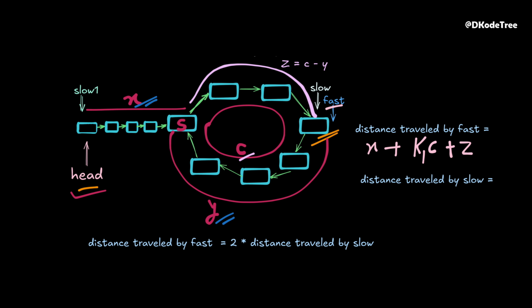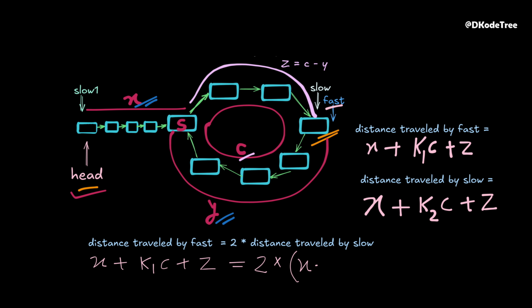Similarly, the distance traveled by the slow pointer is x plus some other constant, say k2 amount of times around the cycle, plus z to reach the intersection point. So now let's put these values in our equation. So this becomes x plus k1 into c plus z is actually 2 into (x plus k2c plus z).